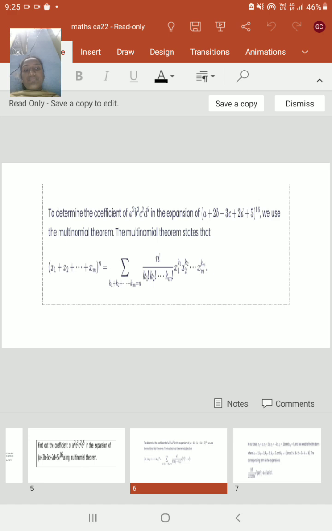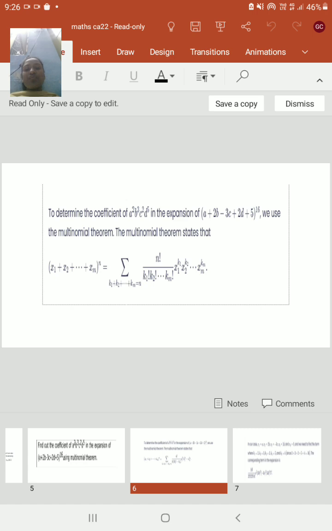See, to determine the coefficient of a square b cube c square d power 5 in the expansion of (a + 2b - 3c + 2d + 5) whole power 16, we use the multinomial theorem. Now we have learnt the statement of the multinomial theorem.